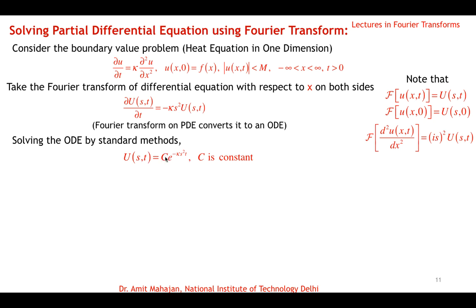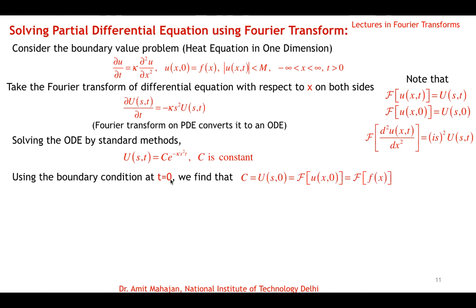So we have that the constant c is the U value at t equal to 0, and U(s,0) is the Fourier transform of u(x,0), and u(x,0) is given as f(x). So the constant is nothing but the Fourier transform of f(x), the initial condition given at time 0.